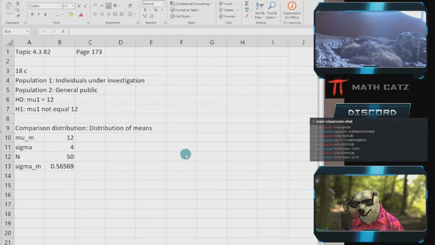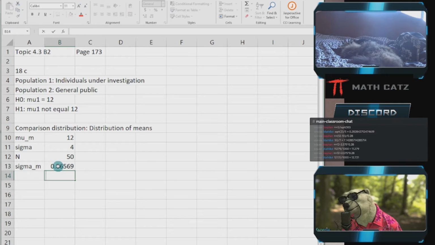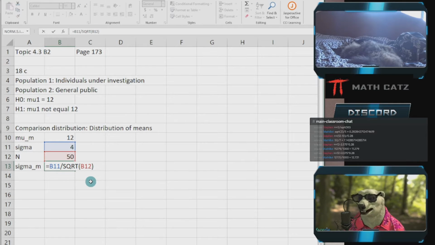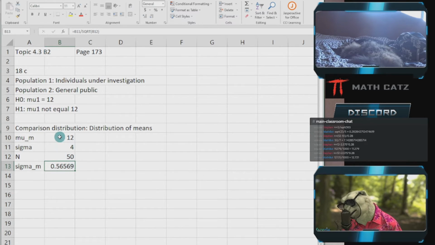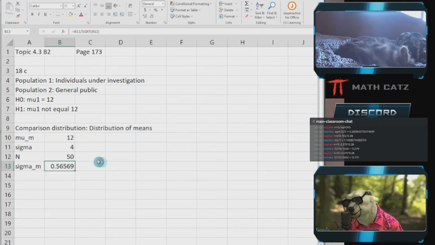So that gives us our standard deviation of the distribution of means. And if I calculate it as a formula referencing other cells, I've been bad with my coloring here, but that's okay. Then I can update it for a future question, and it becomes easier and easier instead of writing everything from scratch. Just an option for convenience if you want to.